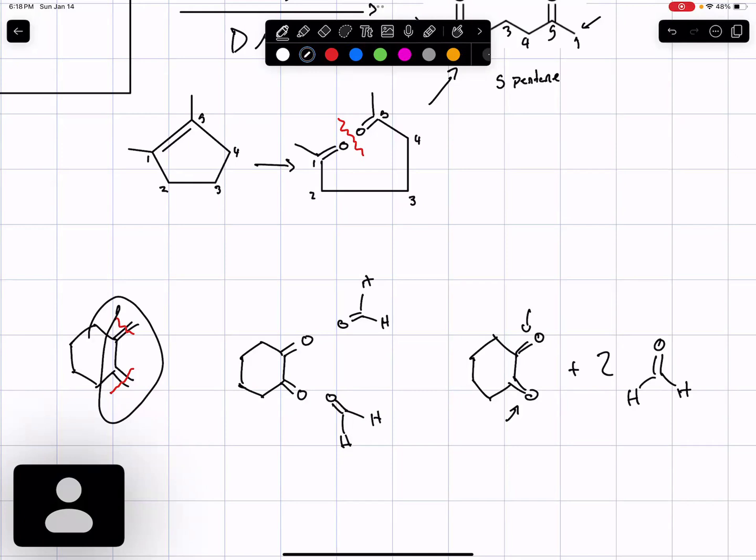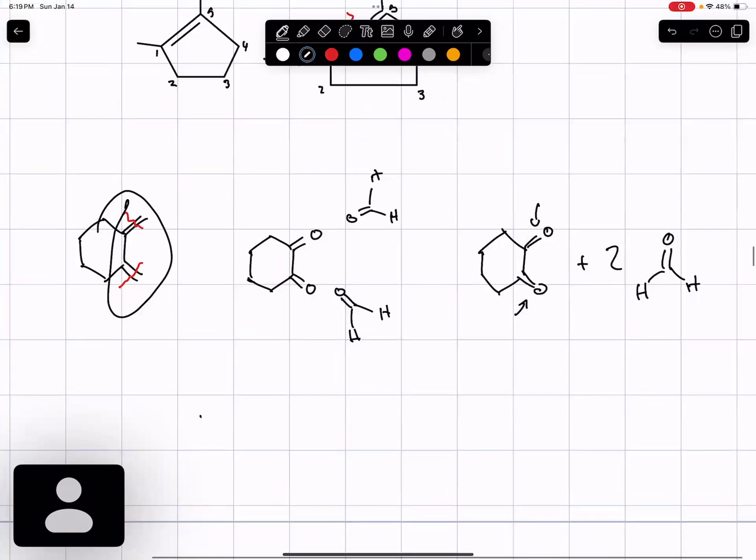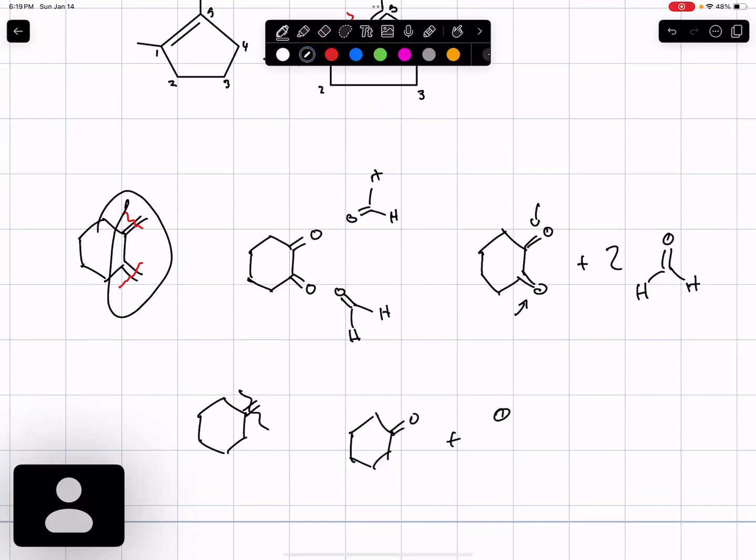So if it's more than one product, then we should assume that it's not all cyclic. Yeah, exactly. And most likely you'll have two alkenes, right? Because if I simply just drew this and this split, guess what? This is just one alkene, right? Does that make sense? Yeah, it does.